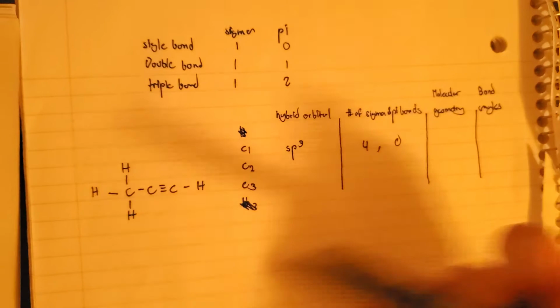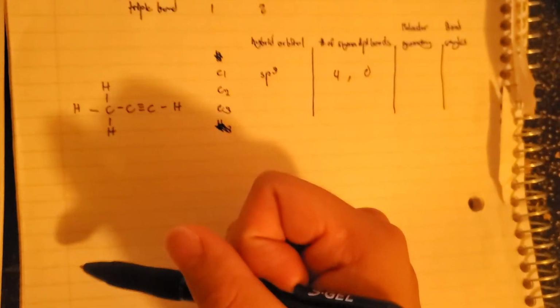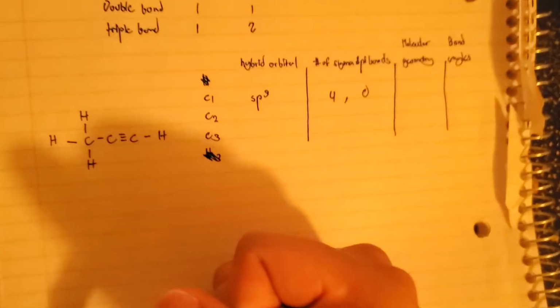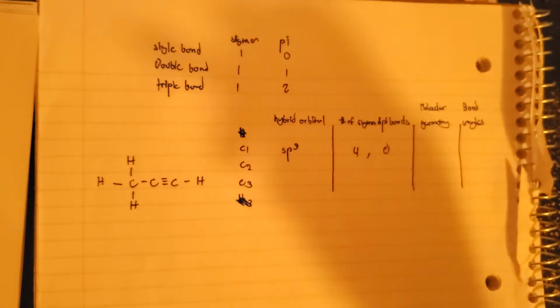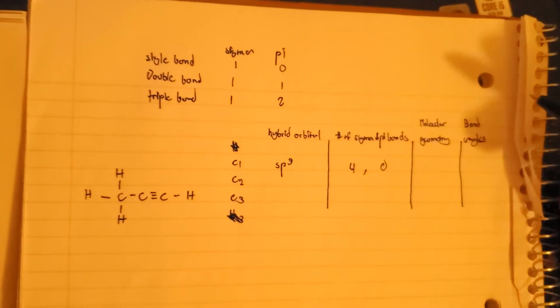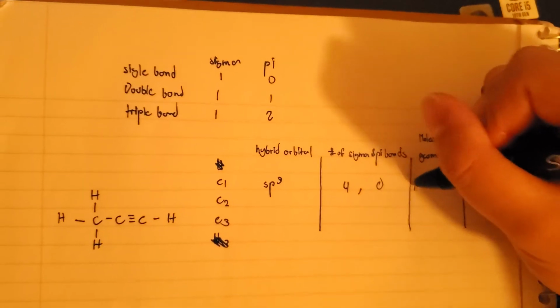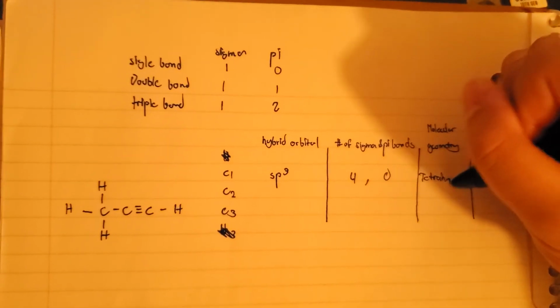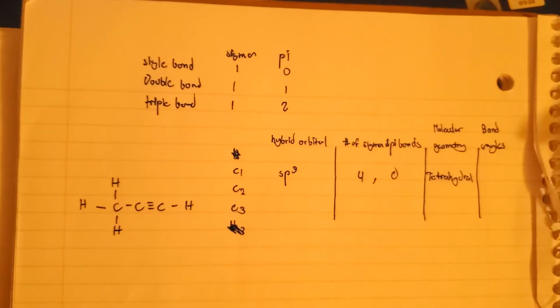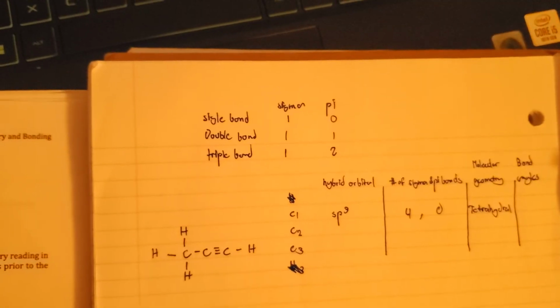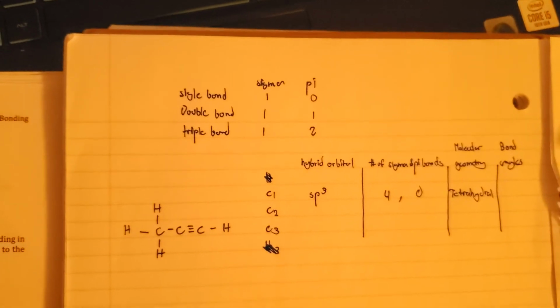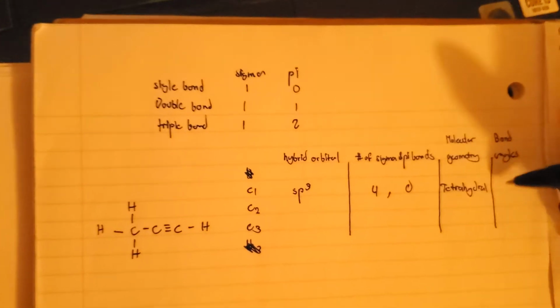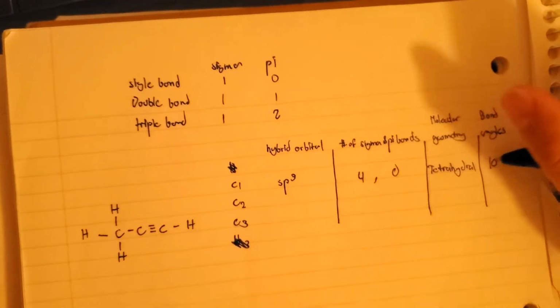In this case there are no lone pairs, so the molecular geometry of the first carbon is tetrahedral. And tetrahedral gives us a bond angle of 109.5.